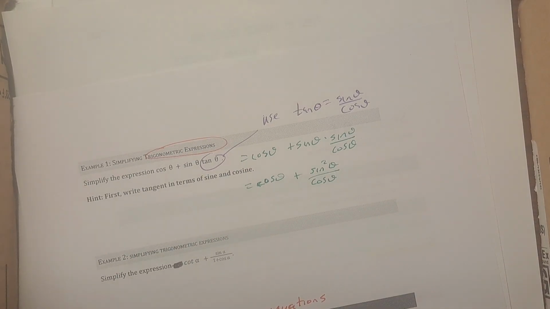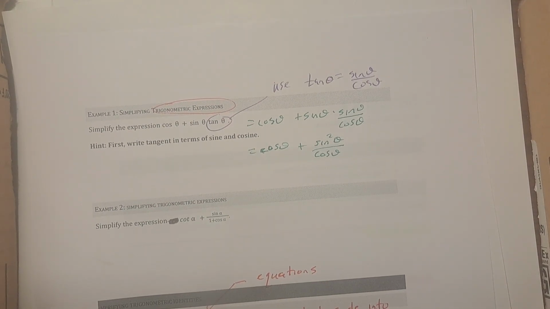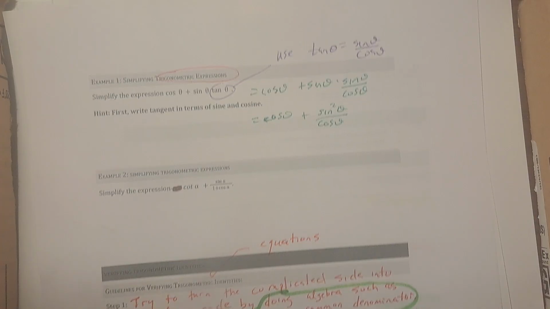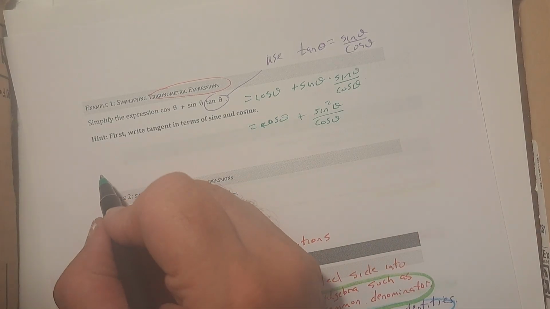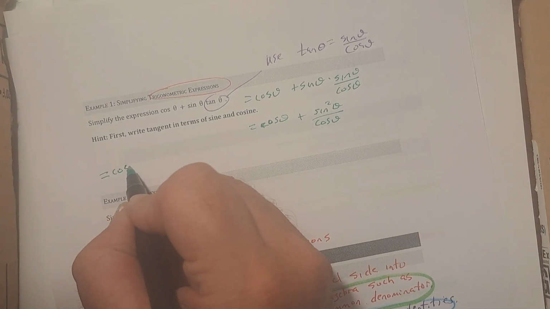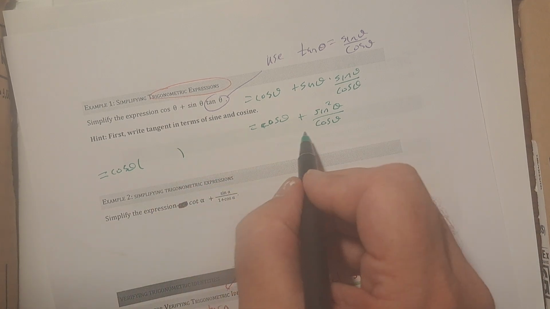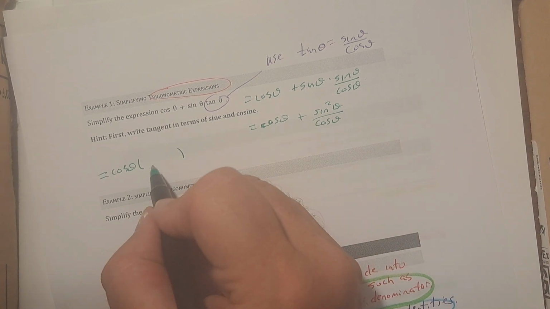Now we go back to our same strategies. Try to take out a common factor, but there is no common factor right now. There's also not a common denominator, so we're going to try to form a common denominator. We are going to multiply this one, cosine theta, by what the other one doesn't have, which is cosine theta over cosine theta.